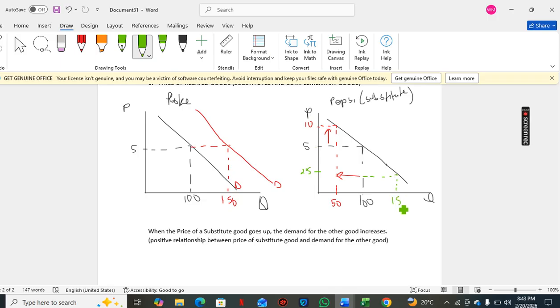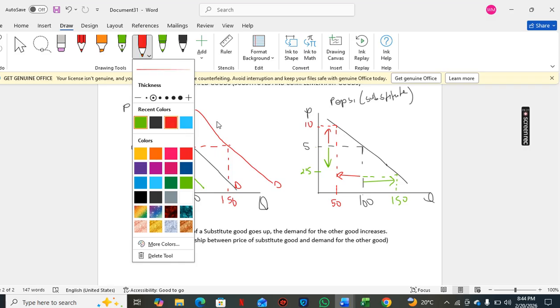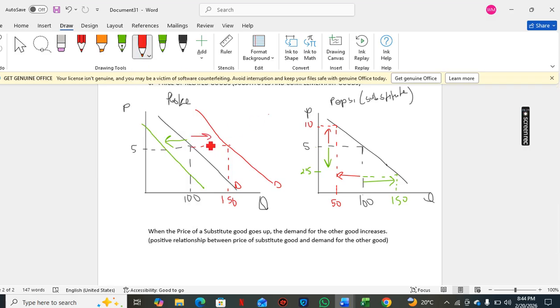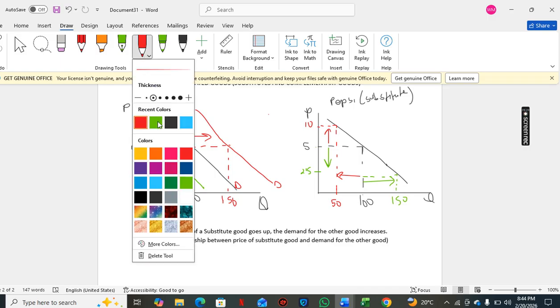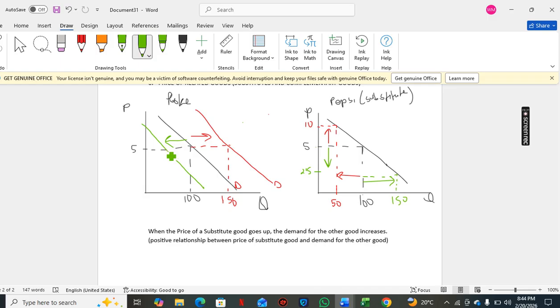So the quantity demanded of Pepsi increases from 100 to 150. Then what happens to the demand for Coca-Cola? Since people have seen that Pepsi is cheaper, demand for Coca-Cola reduces, because people are going for the cheaper Pepsi. So demand for Coca-Cola now drops to 50,000.